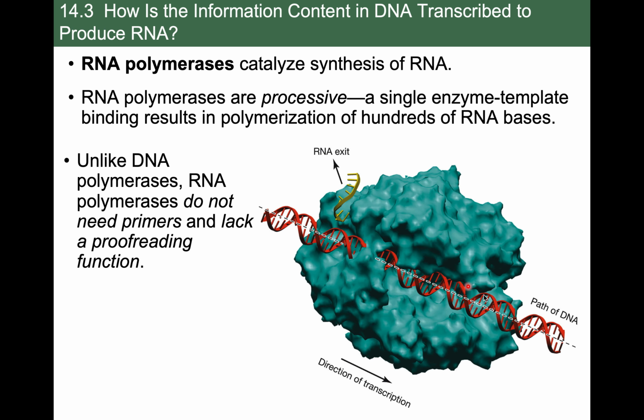So even if we transcribe this gene and make some mistakes in this one RNA, it may get translated a few times, but then it's going to get chewed up by the cell, and we would have to make a new one that may have fewer mistakes or different mistakes at any rate. So it ends up not really being an issue.